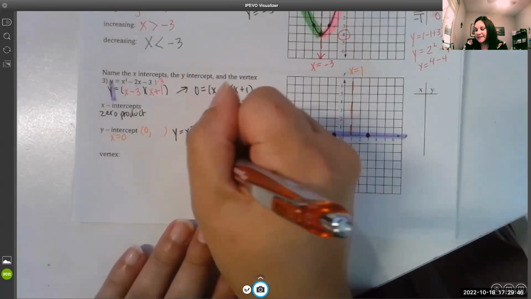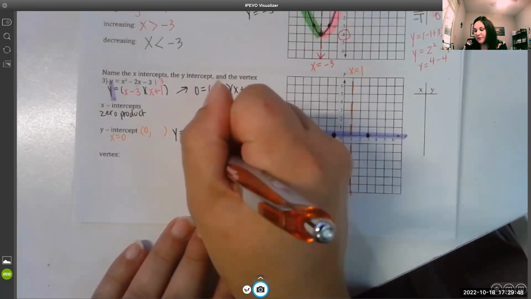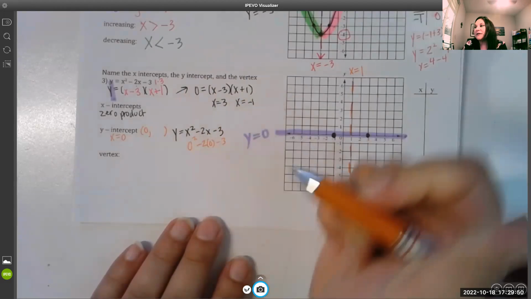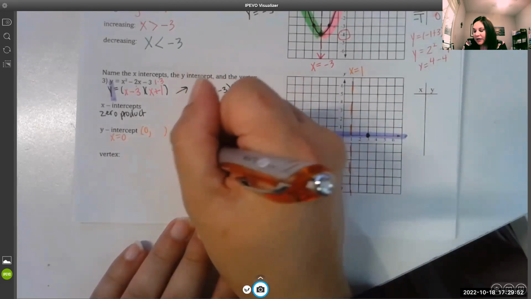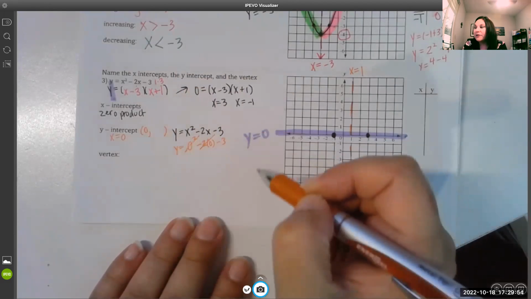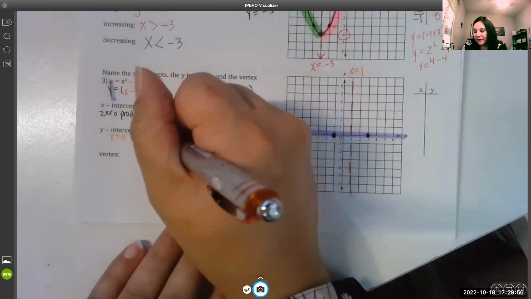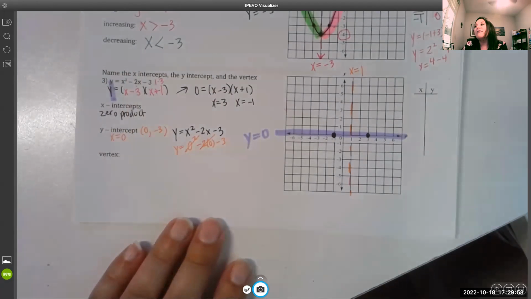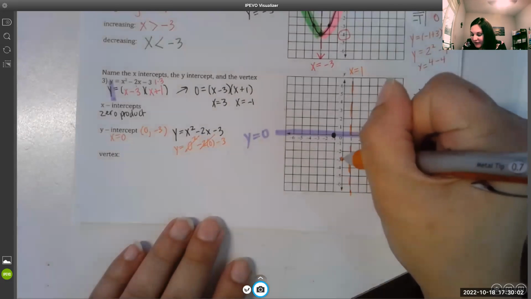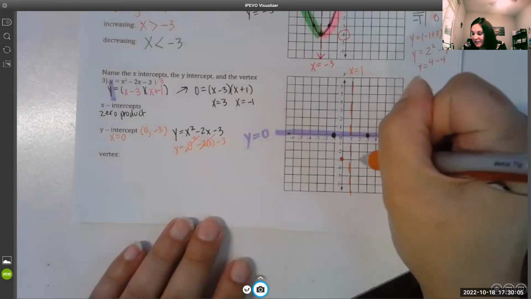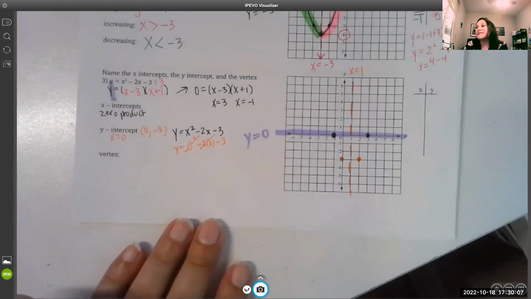So when the x is 0, this turns into 0 squared, -2 times 0, -3. But basically, these guys zero out, and -3 is the coordinate of the y-intercept. So if I know this point's on the parabola, I can just bounce right over the line of symmetry, and I also know that point's on the parabola.